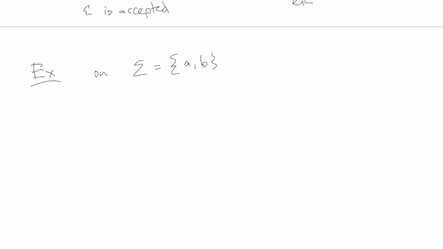Anyway, I want a DFA which accepts any string with no B. It accepts a string with no B's. If there is a B, it should be rejected. That's the idea.